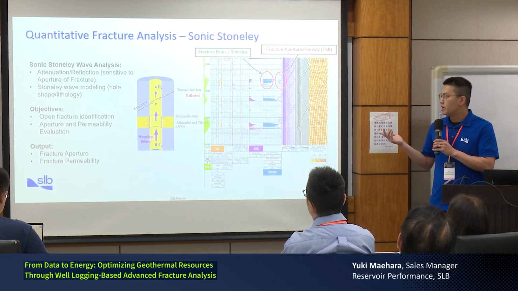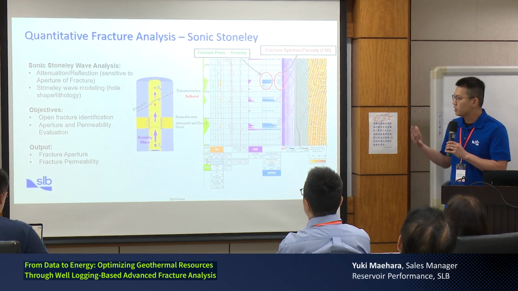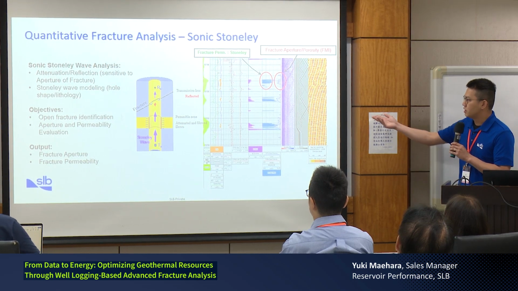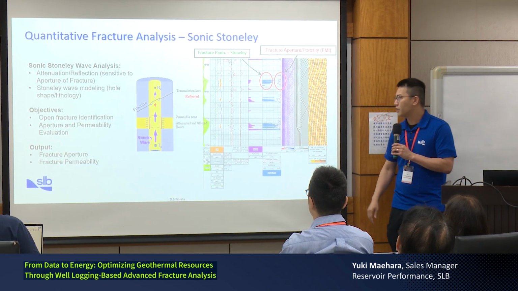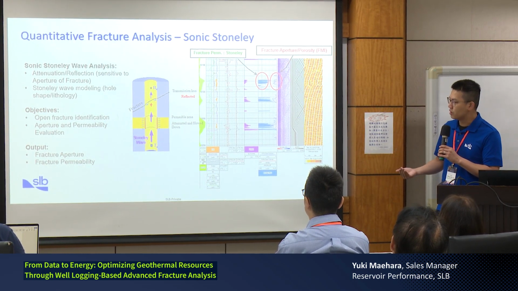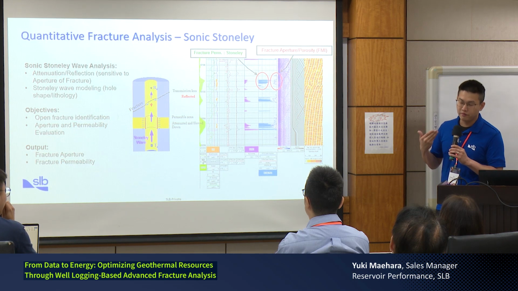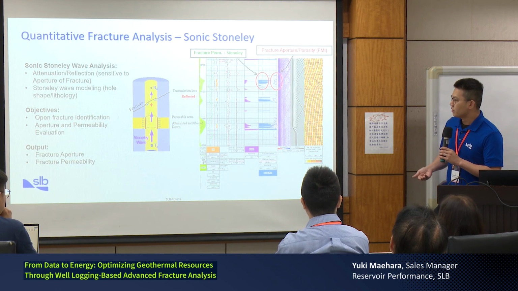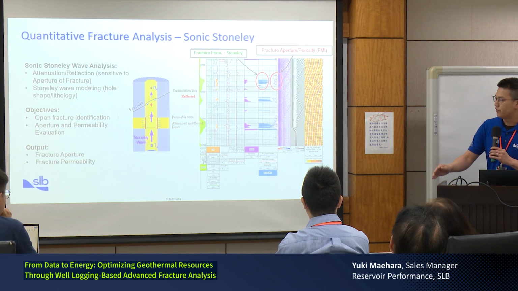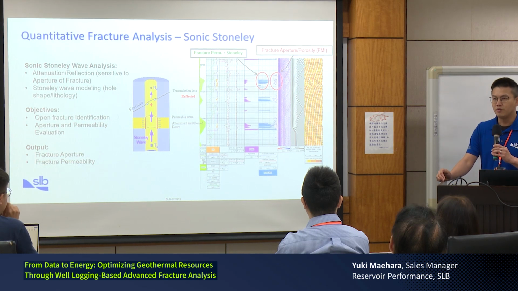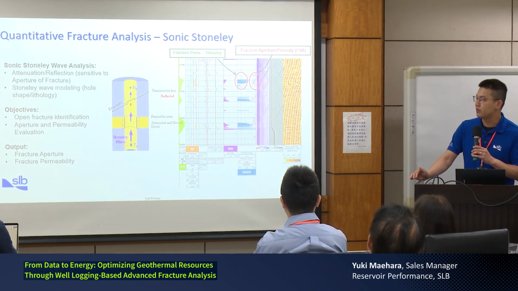Combined with this FMI and Stoneley, we can tell you, okay, this is the actual fault zone which has penetration. So this is quite useful for geothermal, especially the new fields in Taiwan.